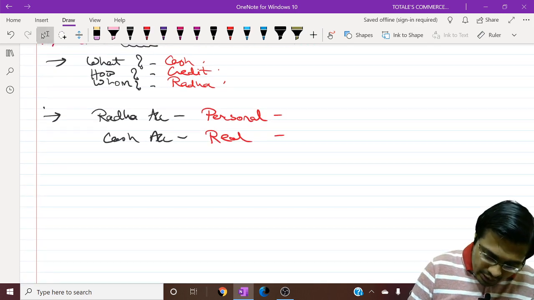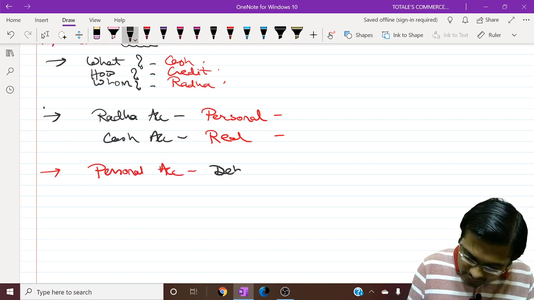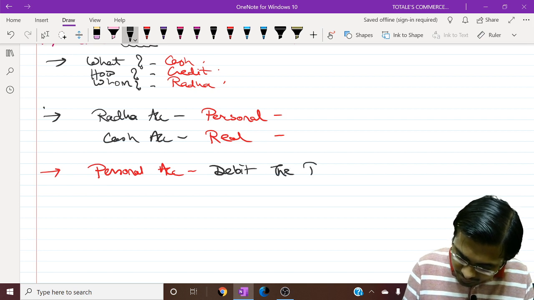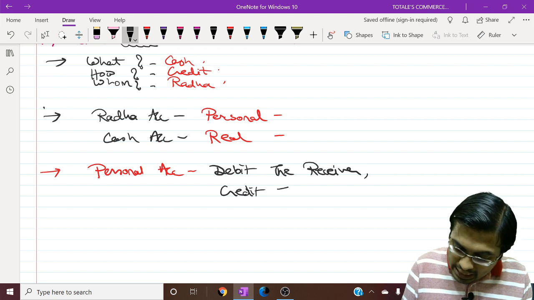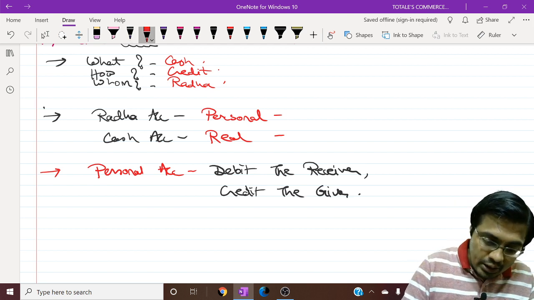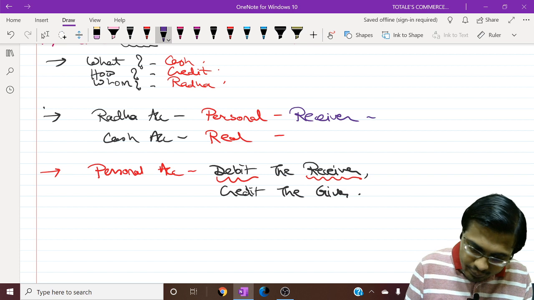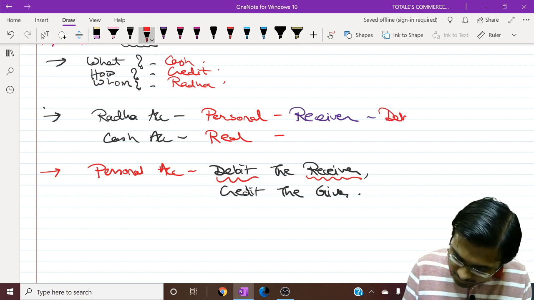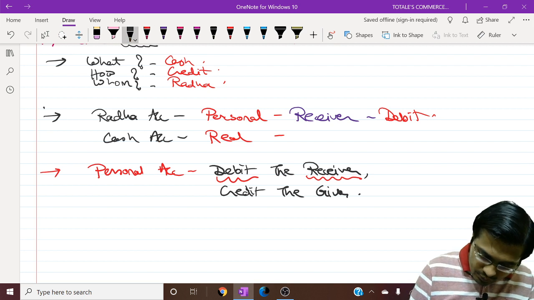So let's have a look at the rules for personal accounts. Debit the receiver, credit the giver. Now we are giving a loan to Radha, right? So Radha is getting the money. So debit the receiver. Radha is the receiver, so her account would be debited. Now let's have a look at the rules for real accounts.